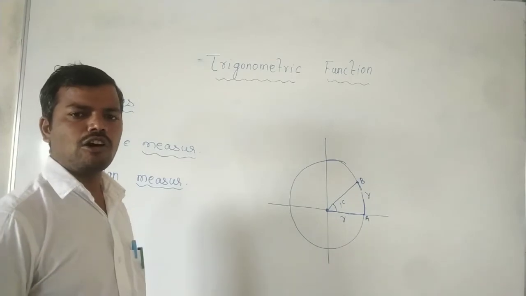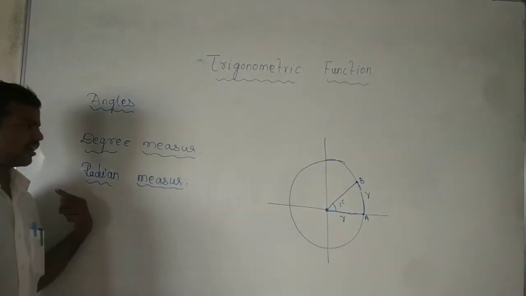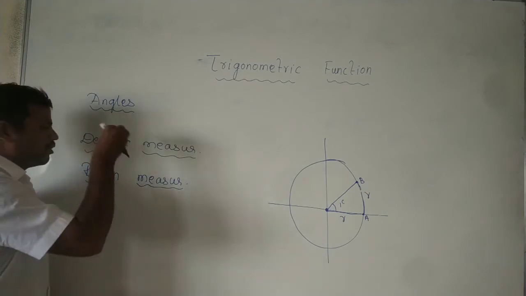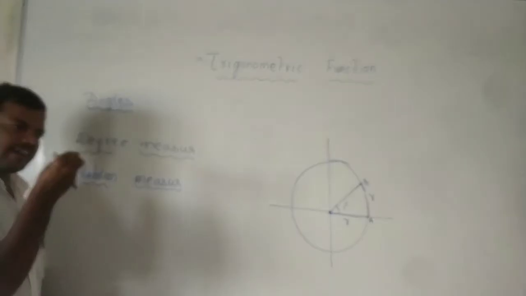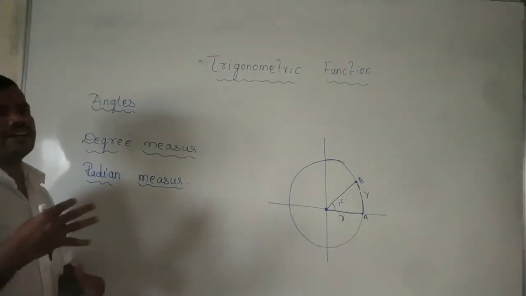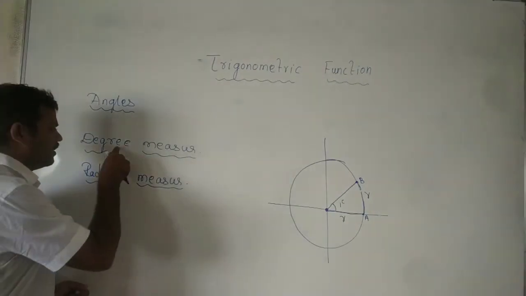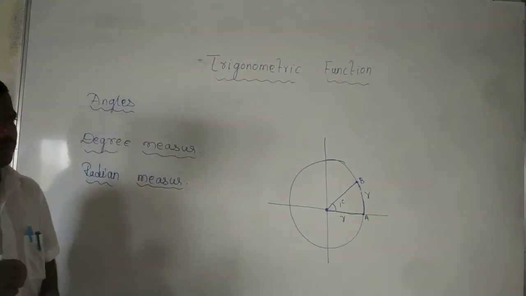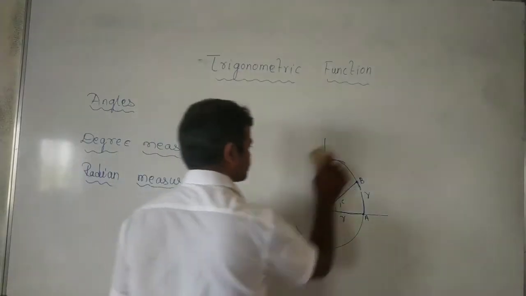Like this we already know. Similarly here also we have to know degree to radian. Degree to radian measure, radian to degree measure. So relation ಕಂಡುಹಿಡಿಯಕ್ಕೆ ಬರ್ತಿತ್ತು ಇದು.